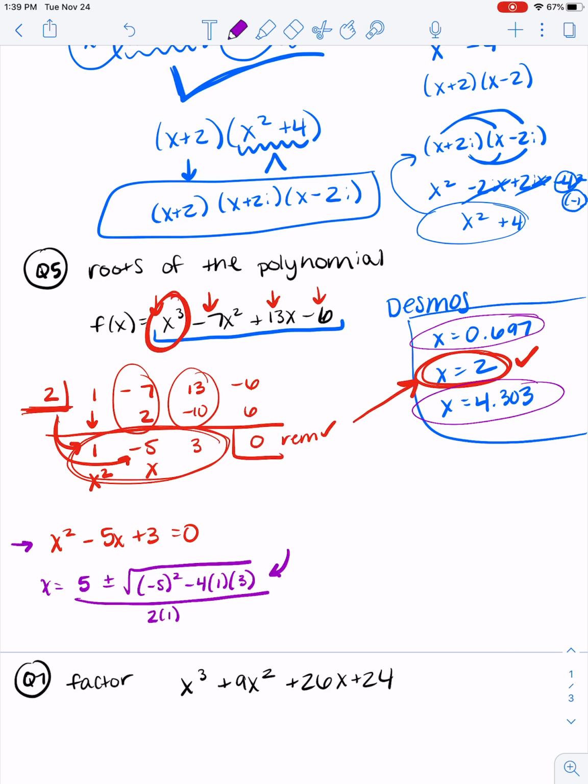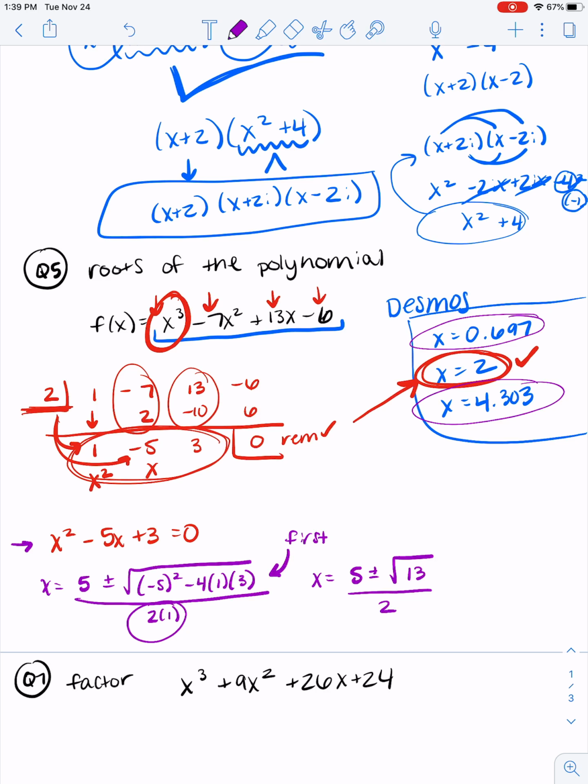This right here is our discriminant. So I get x equals 5 plus or minus the square root of, I'm going to plug in exactly like it looks, -5 squared minus 4 times 1 times 3, and I get 13. On the bottom here, I do 2 times 1, and I get 2, okay?